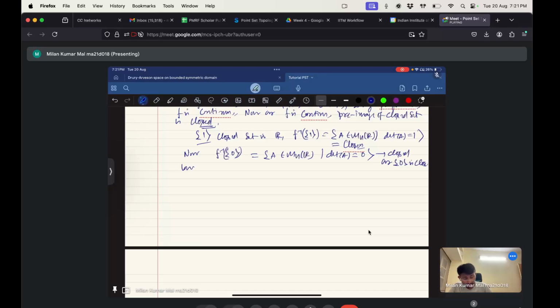But all A belonging to MnR with determinant of A not equal to 0 is basically nothing but MnR minus F inverse of this 0 set. But F inverse of 0 set is a closed set, so its complement will be an open set. This is particularly an open set.